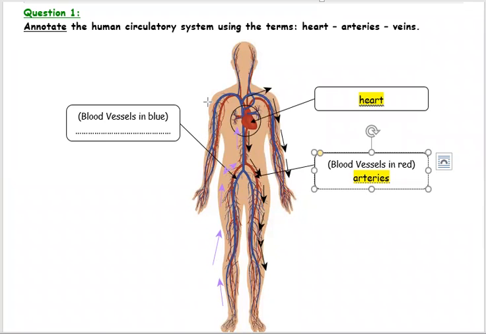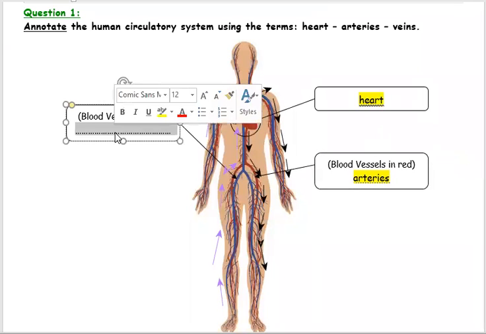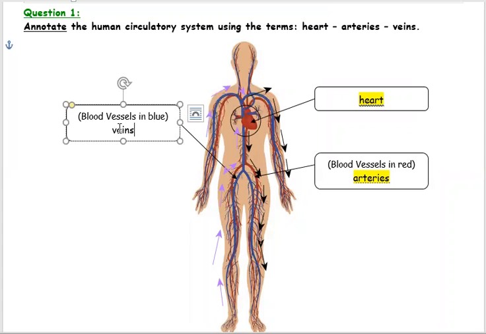So in the blue tubes, the blood moves from the body parts back to the heart. Here we have the veins containing, let's say, the dirty blood, the blood carrying wastes.